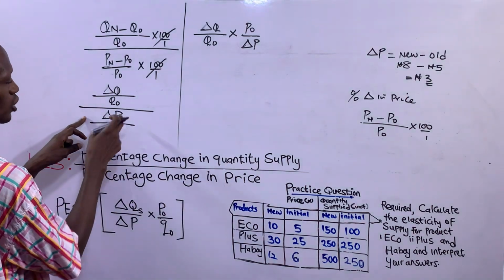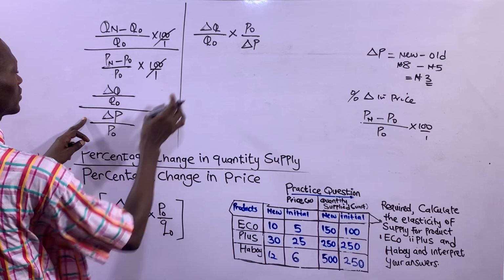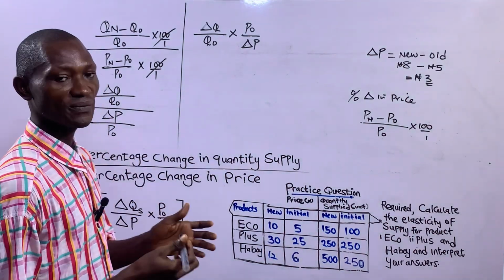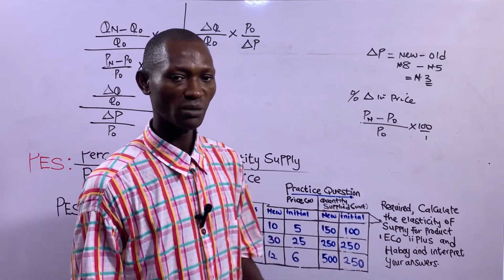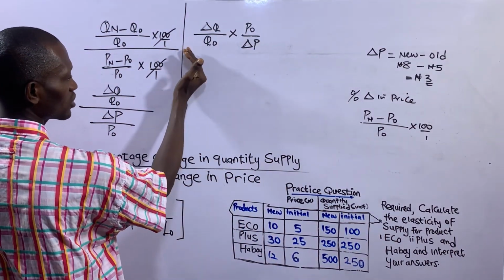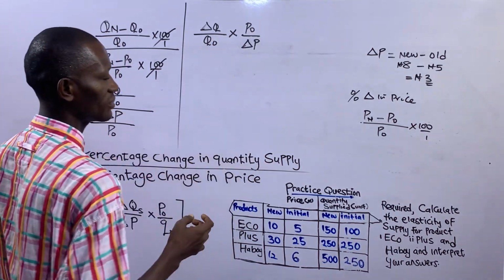So this goes up and this comes down. That's what we've done here. Then we collect like terms. Like terms means those variables that look the same, we bring them together. So this and this, they look the same, we bring them to the left hand side. And these and these, they look the same, we bring them to the right hand side.